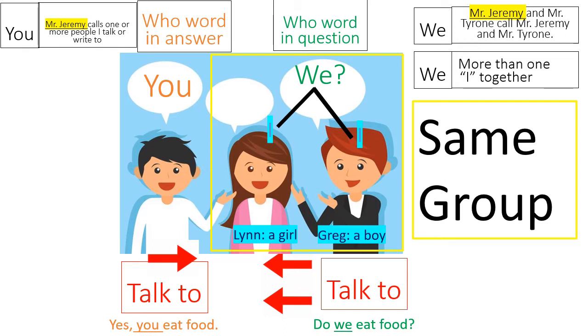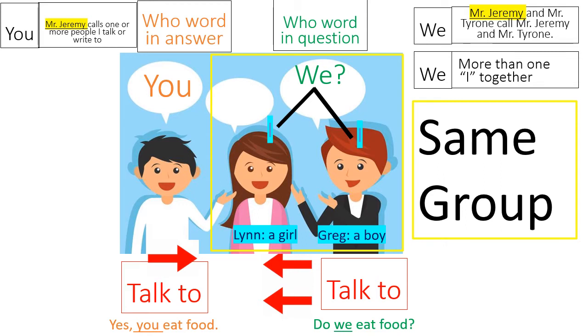So if you look inside the yellow square, that means they're part of the same group. Okay, and they're talking to a different person. Over here, he's outside the yellow square. He's not part of their group in this conversation.